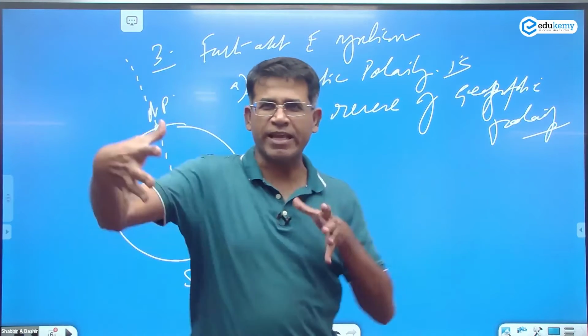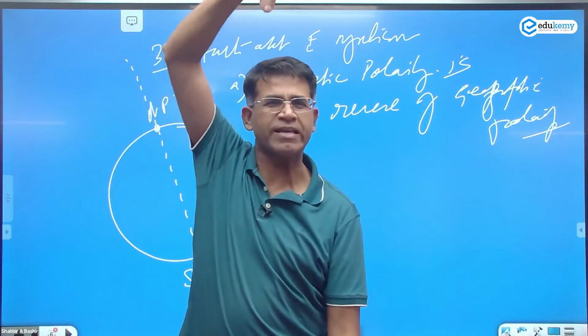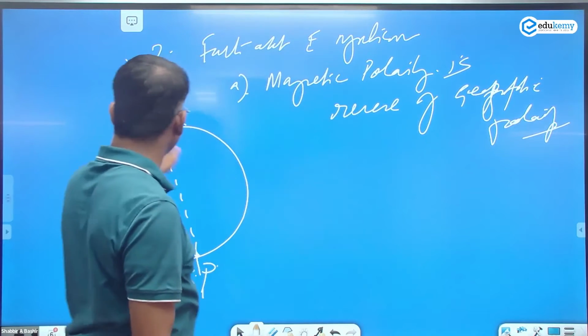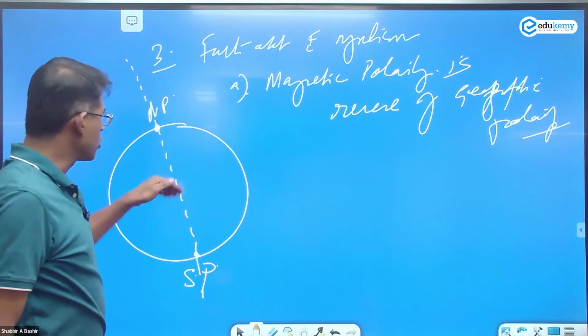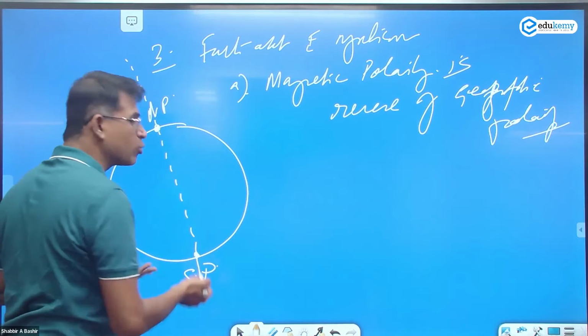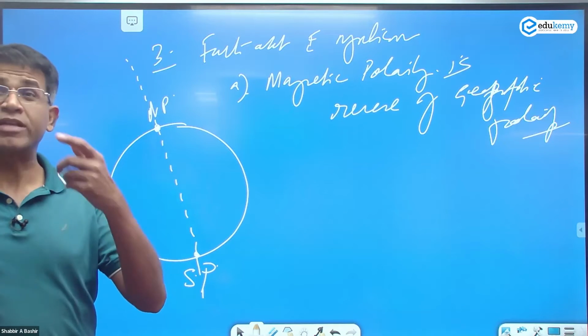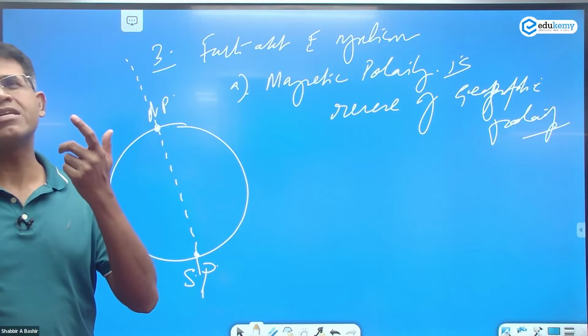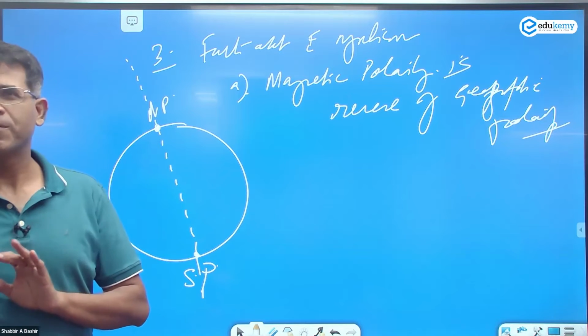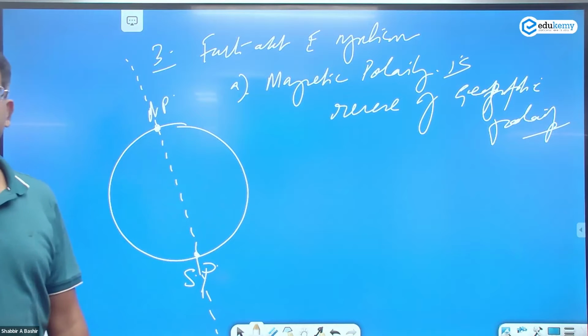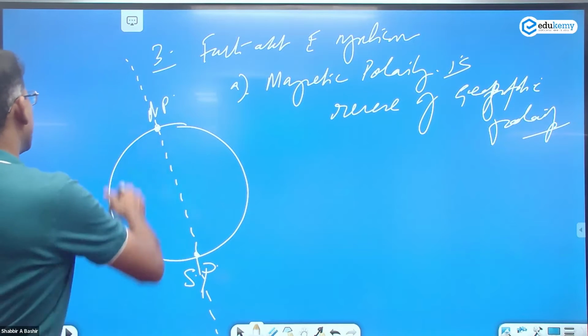So Earth is spinning about some line, and where that line meets the surface, that's the pole. The north one is the North Pole, the south one is the South Pole. It is where Earth's rotation axis intersects the surface. Okay, I mean something very elementary. I thought you should know it. Anyways, so Earth rotates like this.